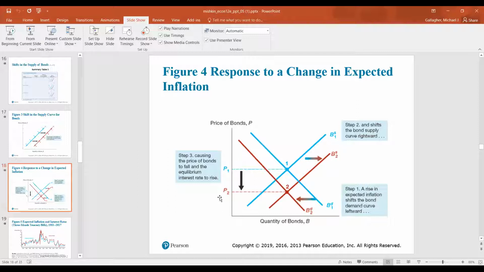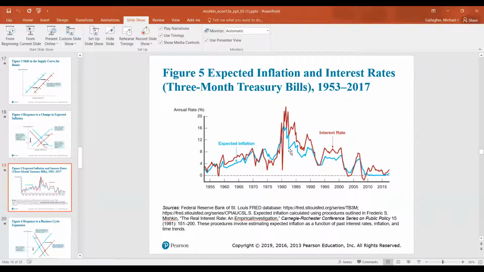This causes the price of bonds to fall and interest rates to go up. Cut out all the middle steps and we have inflation and interest rates go up. Okay? It's all cool, right?